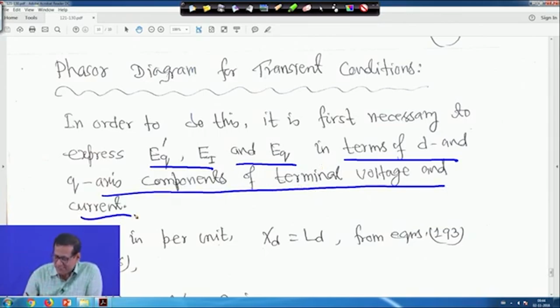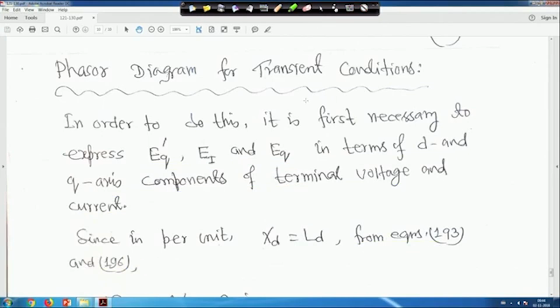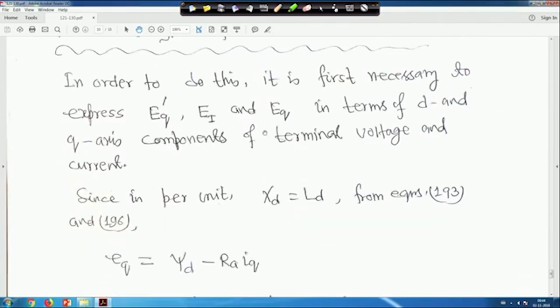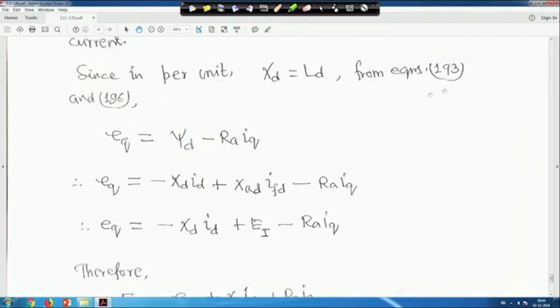In per unit, X_D is equal to L_D; I told you that in per unit, reactance and inductance are the same. So from equation 193 and equation 196, we will write like this. We will replace L_D dash by X_D dash. In equations 193 to 196, E_Q will be psi_d minus R_A I_Q.